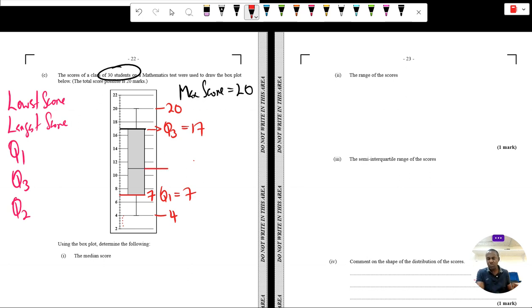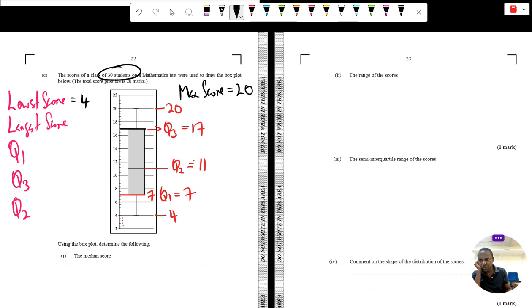Right, so that's our Q2. Q2 would be equal to, now once again, that looks like midway between 10 and 12, and that gives us 11, right? So we've managed to determine all of these things from our box and whisker plot.